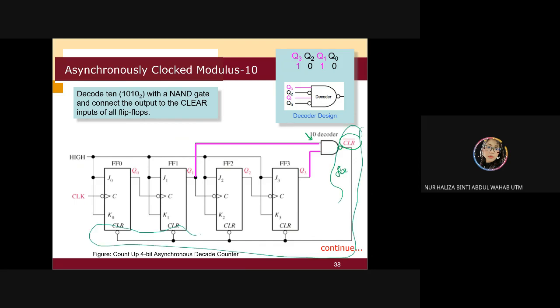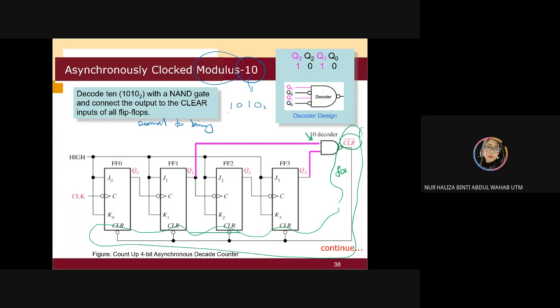But the inputs for the NAND gate depend on the modulus number. Now our modulus is 10. If you convert to binary, you're going to get 1010. This is the normal conversion of decimal to binary, if you still remember your numbering system.